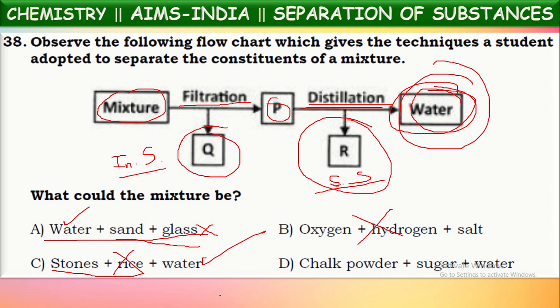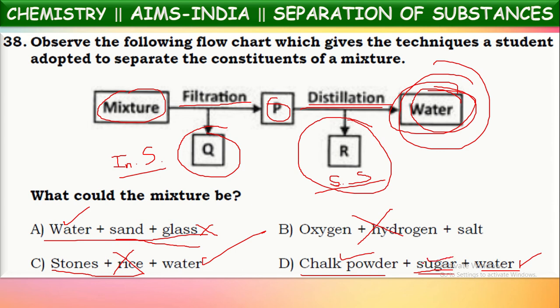Now, if you observe the fourth option, chalk powder, sugar, and water. So water is a product finally. By filtration we can separate chalk powder because it is an insoluble solid substance. Okay, that is correct. And sugar is a soluble solid substance. It can be separated only by distillation.